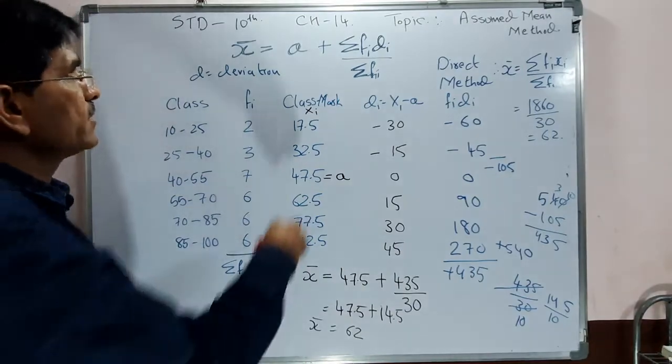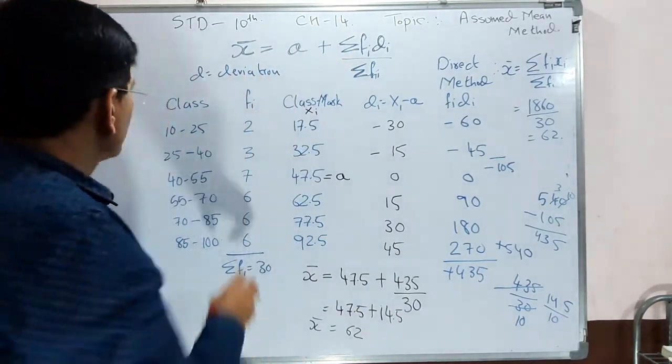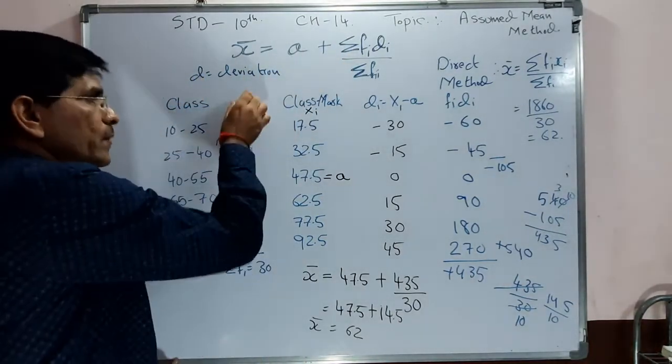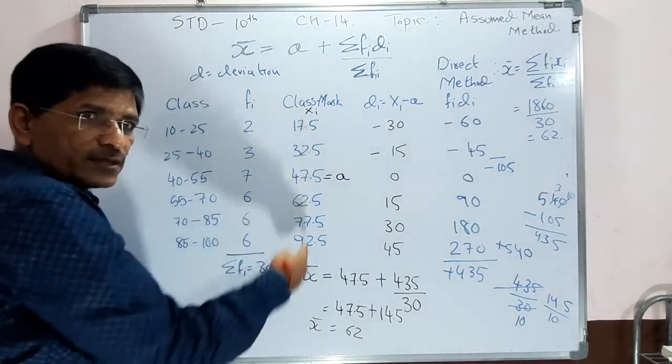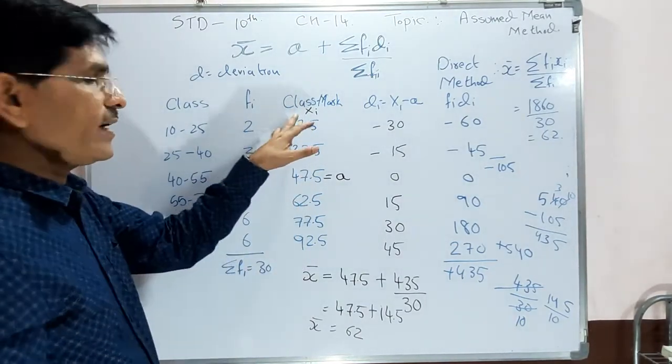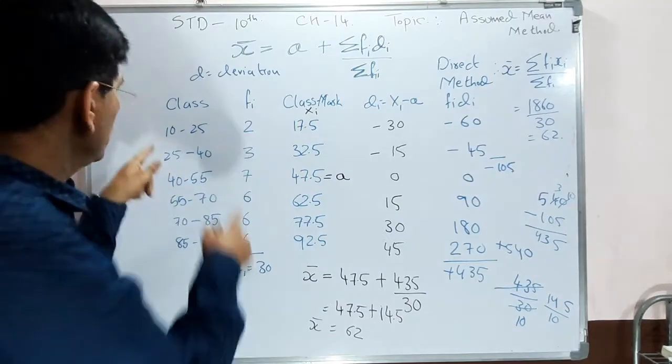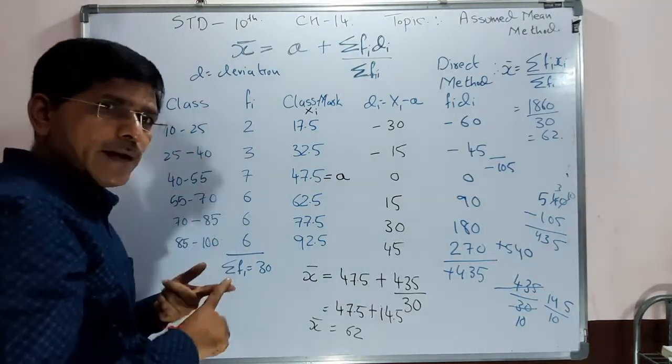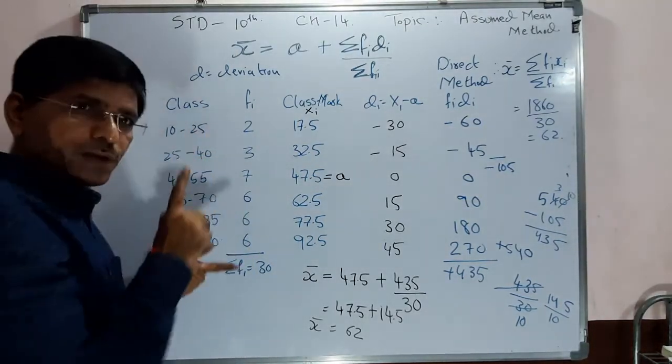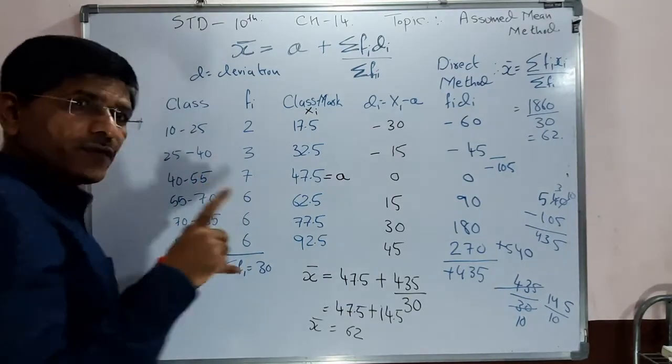Now, related to the assumed mean method. Class is given, frequency is given. What do we have to find out first? Xi. How can we find xi? Xi is found from 10 plus 25 divided by 2, 25 plus 40 divided by 2, 40 plus 55 divided by 2.